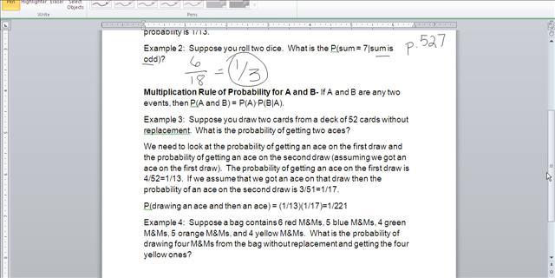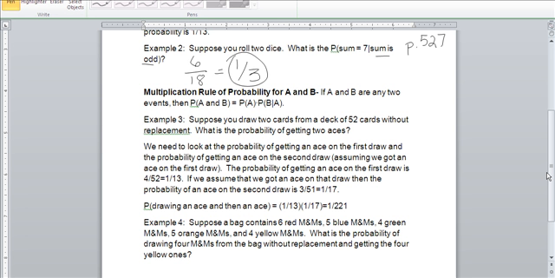Now we're moving on to the multiplication rule of probability for A and B. If A and B are any two events, then the probability of A and B, we're talking about a sequence, the probability that A occurs and then B occurs, will be the probability of A times the probability of B, assuming that A has occurred.